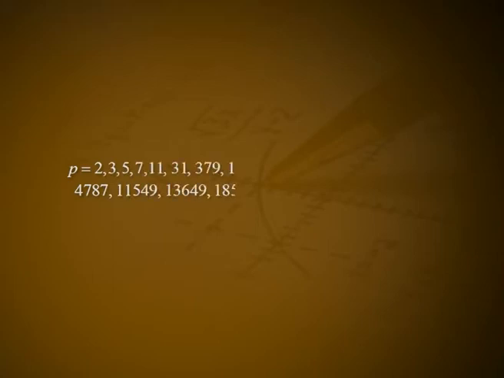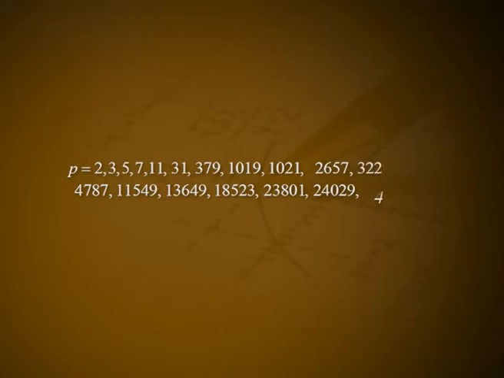These correspond to the values p equal to 2, 3, 5, 7, 11, 31, 379, 1019, 1021, 2657, 3229, 4547, 4787, 11549, 13,649, 18,523, 23,801, 24,029, 42,209.